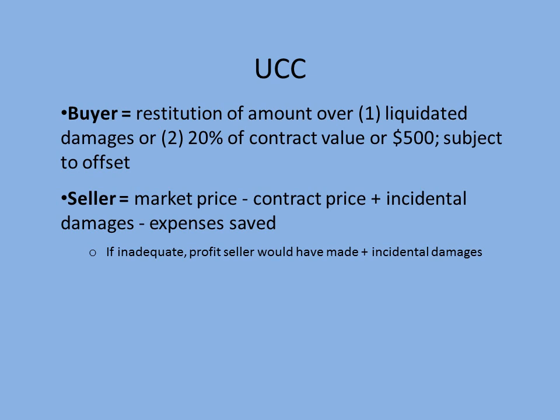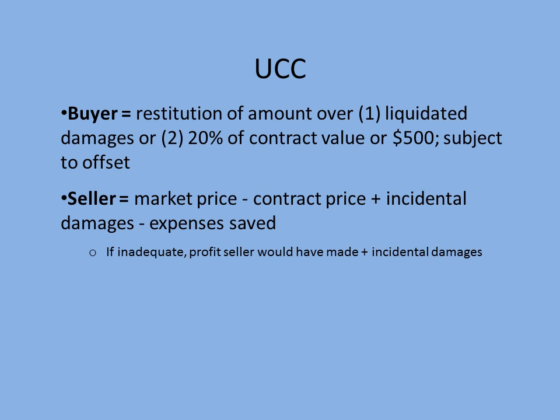We saw this in the case regarding the watercraft in the book. In that case, the UCC decided that if the buyer needs to recover for the seller's breach, they can get the amount of liquidated damages or 20% of the contract value of $500 subject to offset.